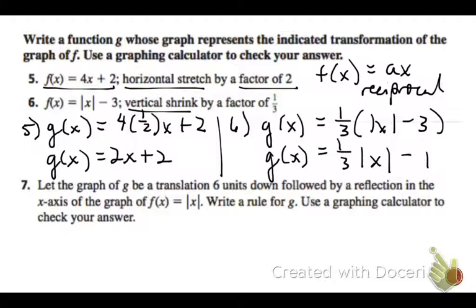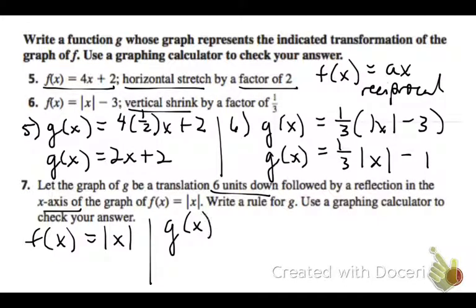And now finally, let's look at number 7. So we're going to let the graph of the g function be a translation 6 units down, then followed by a reflection in the x-axis. So we're starting with just the parent absolute value function. So the first thing I'm going to do is just transform that 6 units down.